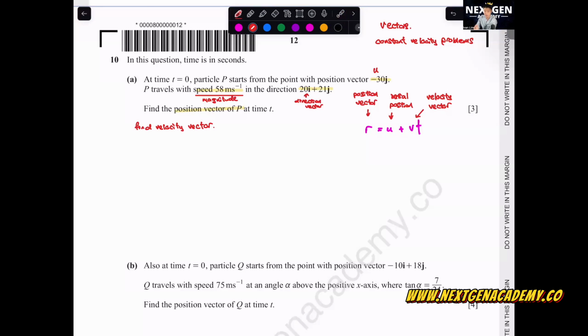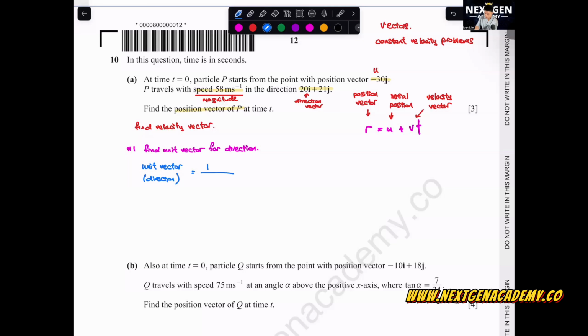How do we find the velocity vector? They will give us a direction vector, so first find the unit vector for the direction vector. How do we do this? You write down unit vector for your direction. Direction is 20i plus 21j. You have to read very carefully over here. How do we find the unit vector?